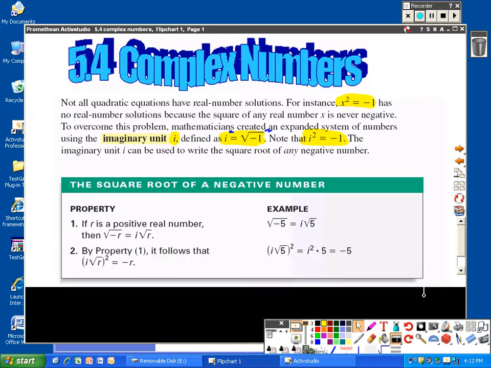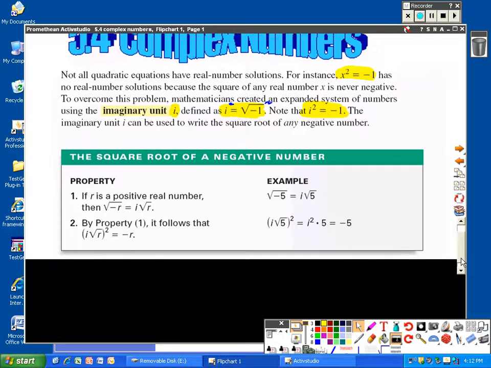A couple properties to know about imaginary numbers is that if I take the square root of -r, it would equal i times the square root of r. The reason that works is because this is like the square root of -1 times r, and the square root of -1 is i.